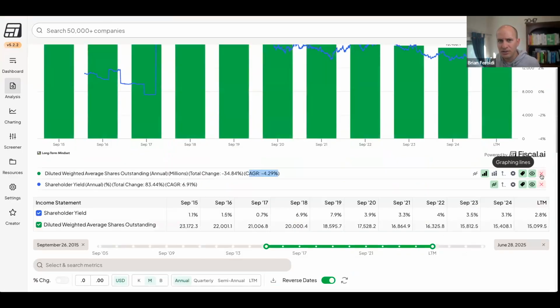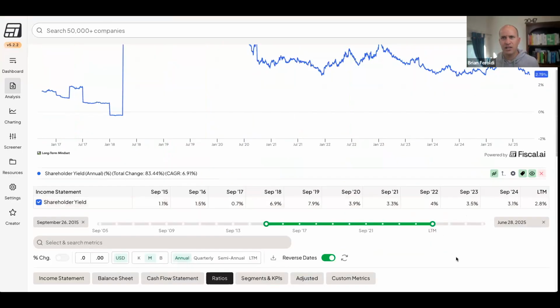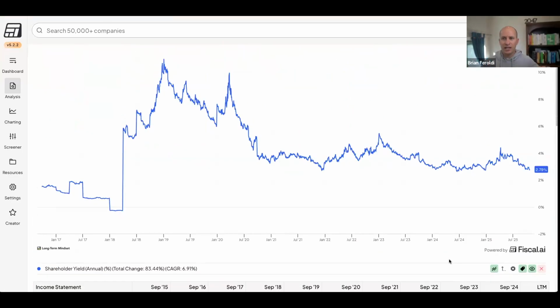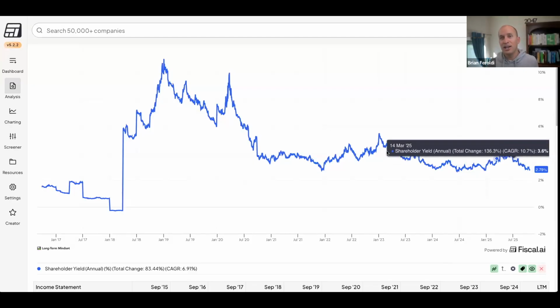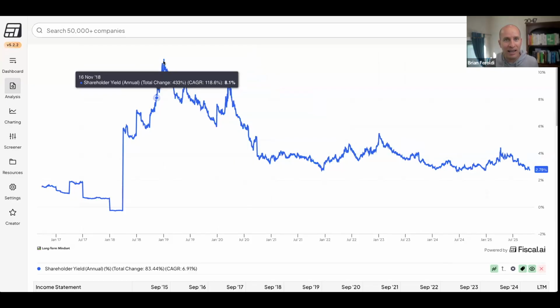What shareholder yield shows is buyback yield plus dividend yield, so both of those together. For companies that are heavily into buying back their own stock, what is the total shareholder yield that you're earning if you buy the stock today? This is a total shareholder yield of 2.8%, which is quite good. You can see that when I was selling back here.